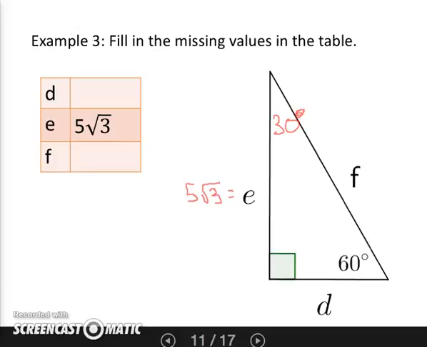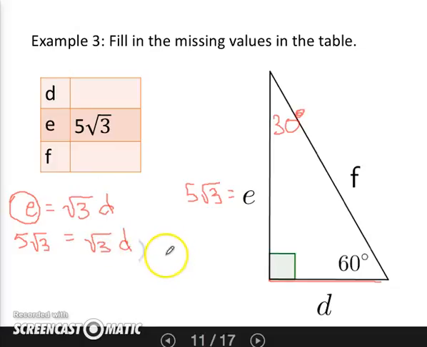Okay, so our theorem tells us that the longer leg, E, measures the square root of 3 times the measure of the shorter leg, D. And we're also told that the measure of leg E is 5 times the square root of 3, so I'm substituting that in for E. On the other side, I'm leaving this the same, the square root of 3 times D. Look at this.